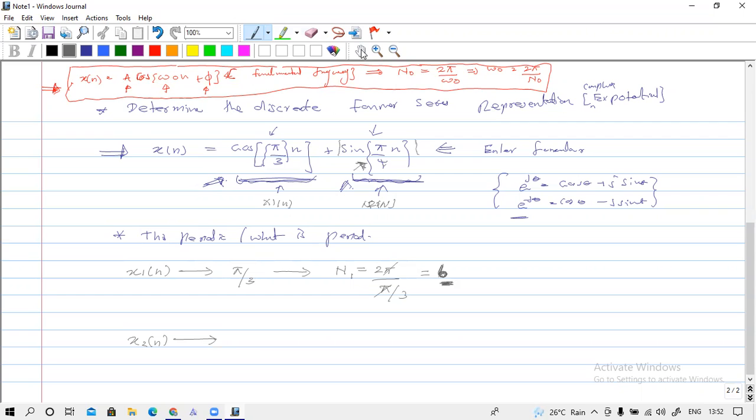What is the fundamental frequency of this sine signal? For the first signal it is 5π/3, and for this one, yes, thank you, very good, 5π/4. So this is our fundamental frequency.